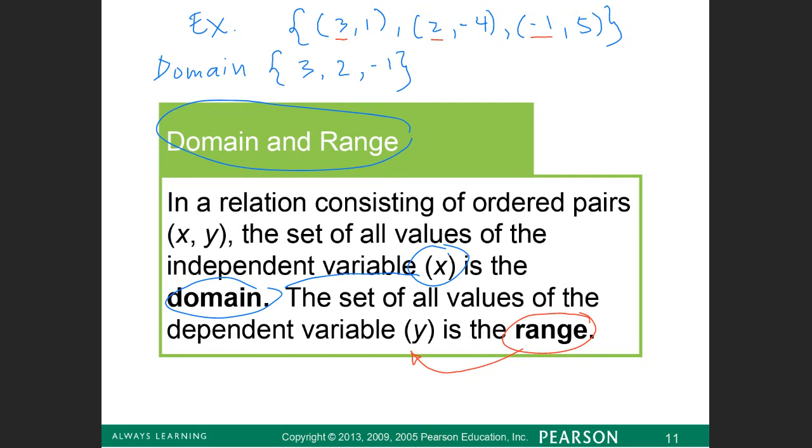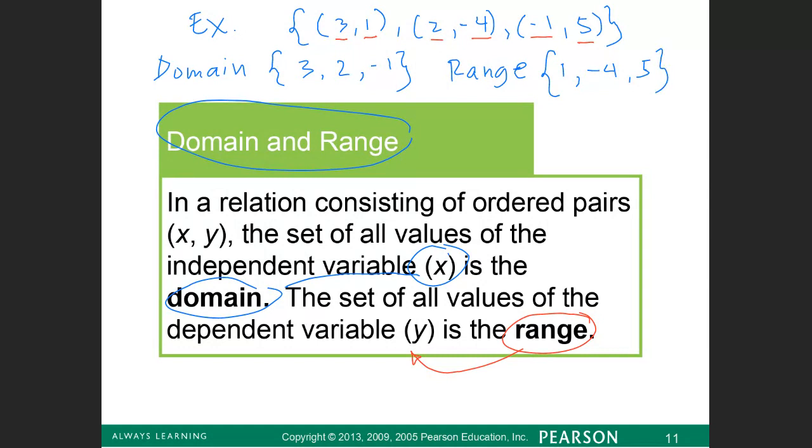And then when you say range, it refers to the y coordinates of the ordered pairs. So we're looking at -1, -4, and 5.